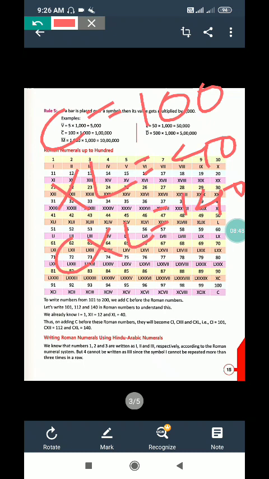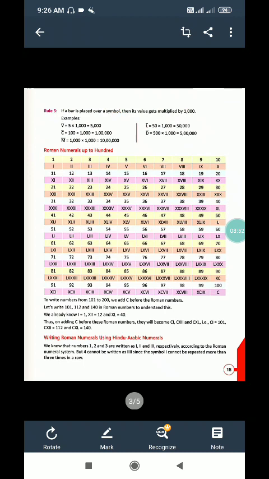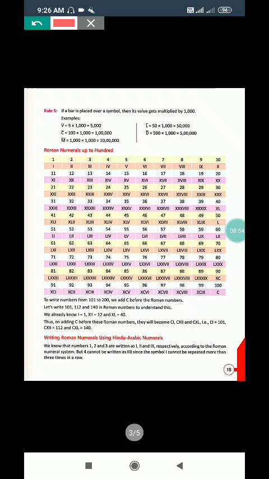Now, writing Roman numerals using Hindu-Arabic. We know that the numbers 1, 2 and 3 are written as I, II and III respectively according to the Roman numerals.